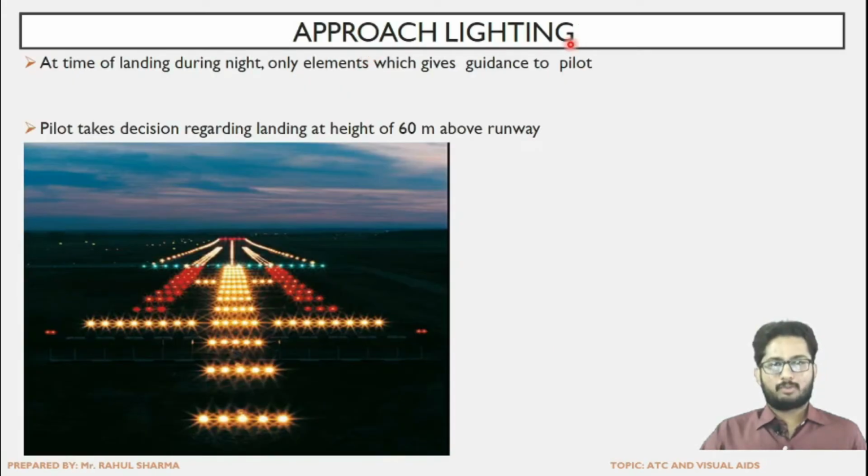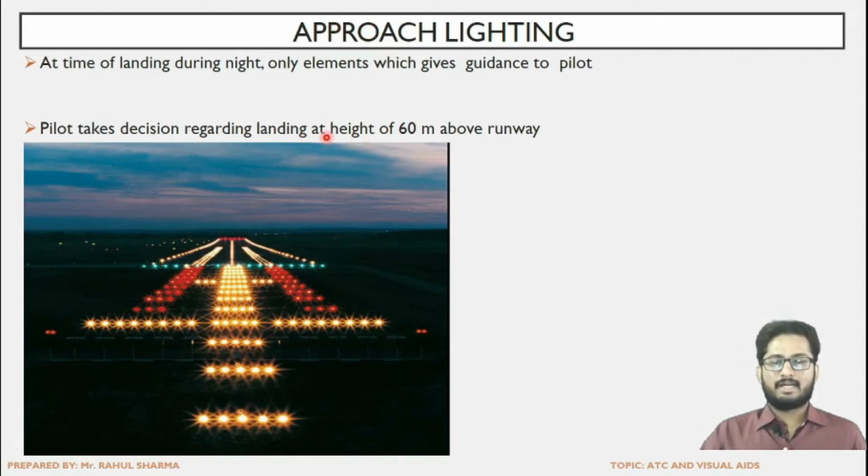Next are the approach lighting. At the time of landing during night, these are the only elements which give guidance to the pilot. The pilot takes the decision regarding landing at a height of 60 meter above the runway. Now approach, as the word suggests, gives an indication that we are about to approach, we are about to meet the runway.